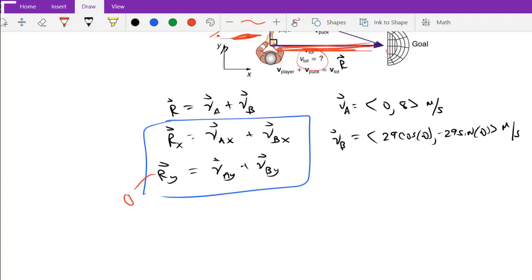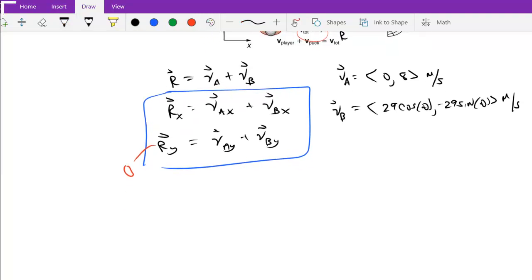So let's plug that in here and say that 0 is equal to VAY, which was 8, plus VBY, which was negative 29 sine theta, and then we can solve this for theta.